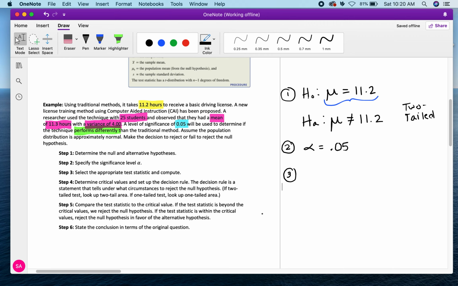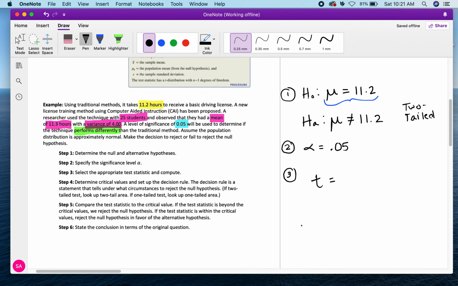And again, that all comes down to, do we know the population standard deviation or the sample standard deviation, and look at the sample size. If the sample is bigger than 30, we use Z. If the sample is smaller than or equal to 30, we're going to use the T. And so, yeah, this is definitely going to be the T test.